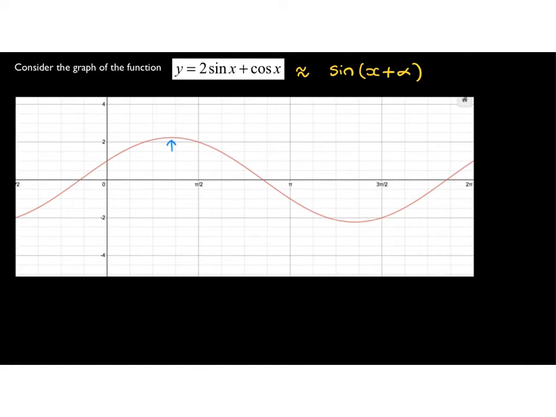So we could have some sort of constant here as well. It might not necessarily be a transformed sine function. It could be a transformed cosine function. We don't know, and we don't know whether the shift is to the left or to the right.